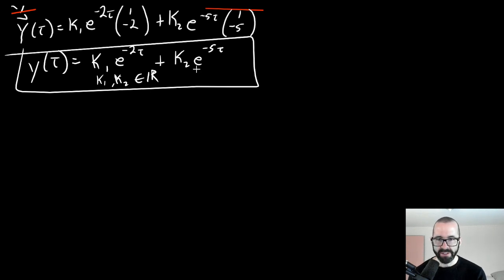We also do know how fast things are decaying. Right, they're at least decaying this fast at a rate of e to the negative 2t, which is quite fast as a decay rate. It might decay faster, but if K2 is equal to 0, this is the slowest it could decay. But anyway, that's pretty much it.